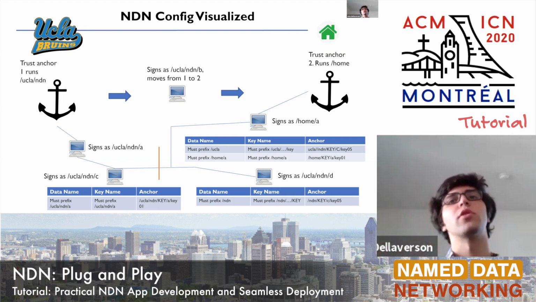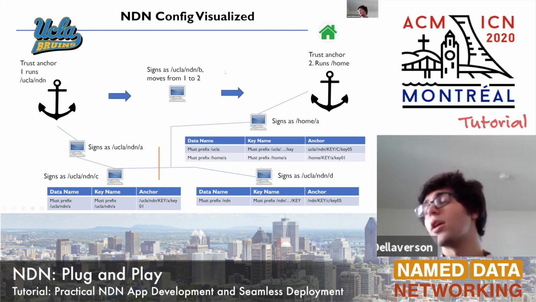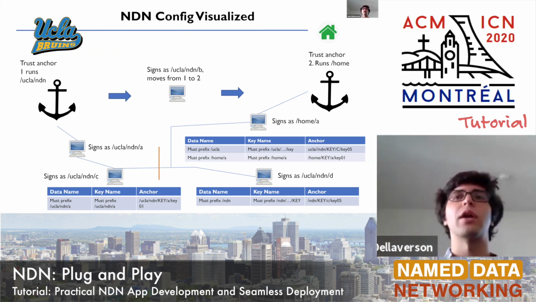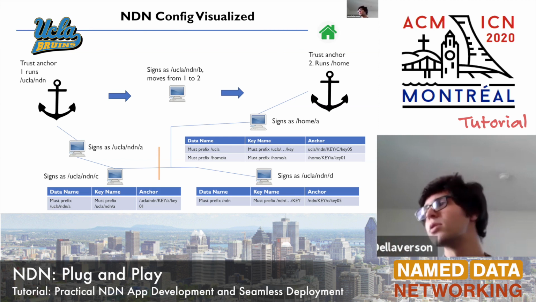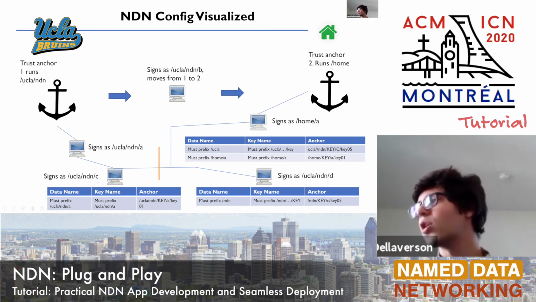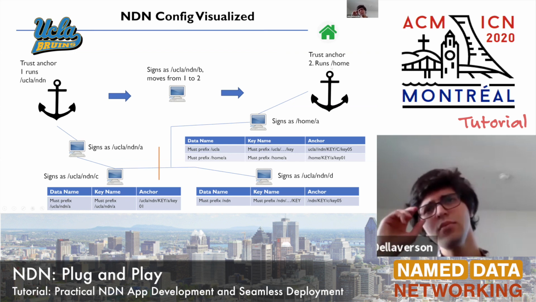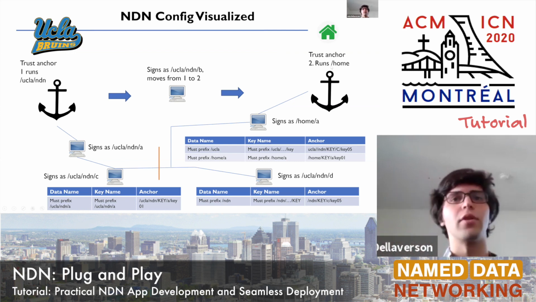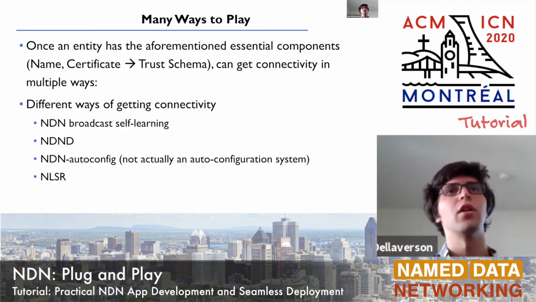If you wanted to, for instance, start signing under the namespace /home/C, you would first get that name from some relevant application that wants to publish under that namespace, and then you'd get a certificate from the relevant trust anchor. This is the second trust anchor that runs /home. And that is NDN configuration sort of visualized and in a nutshell.